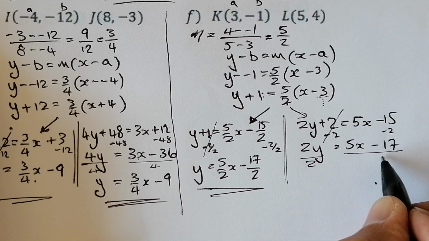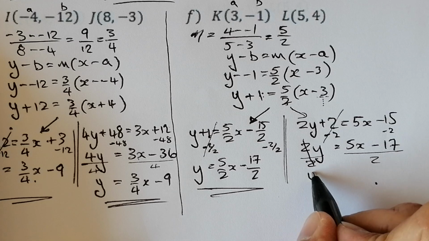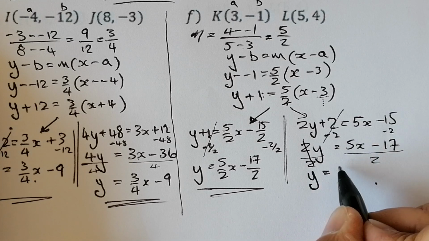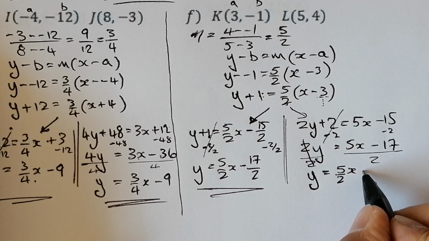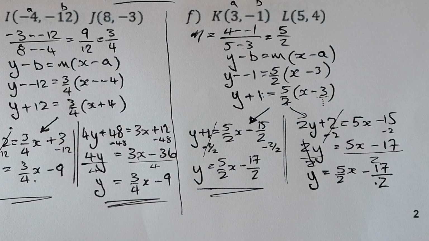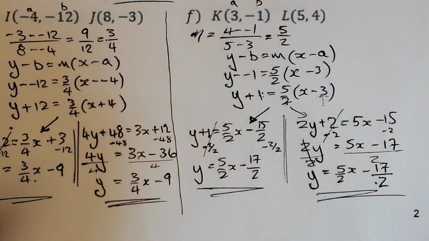So if I divide that side by 2, divide that side by 2, I eliminate the 2's in the front there. So y is equal to, dividing both of these by 2, 5 upon 2x, and finally minus 17 upon 2, and that's my finished equation for that straight line.